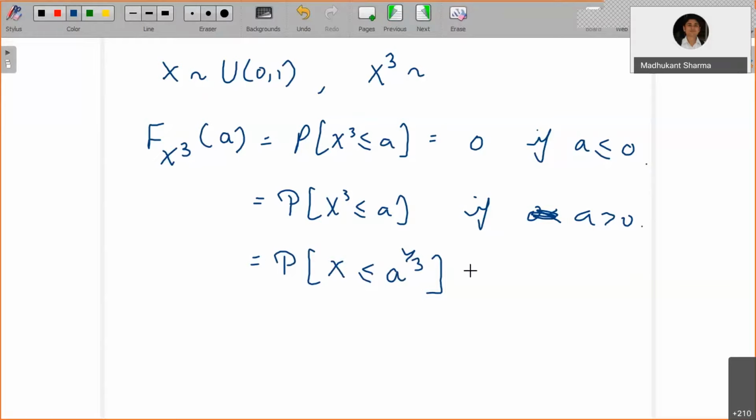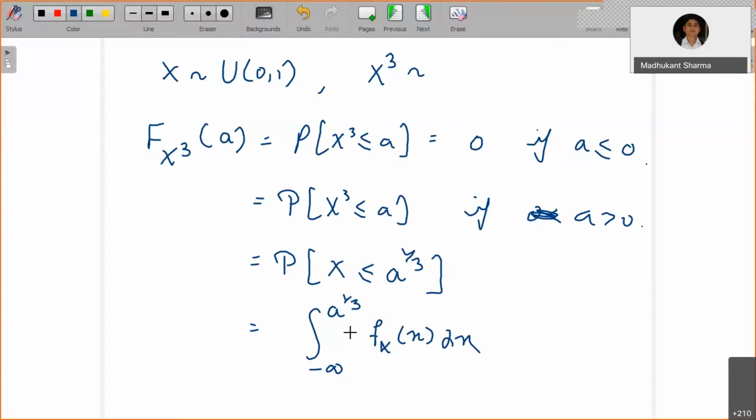Now this is equal to the integration from minus infinity to a to the power 1 by 3 of f X of x dx. Now f X of x is 1 whenever x lies between 0 and 1.